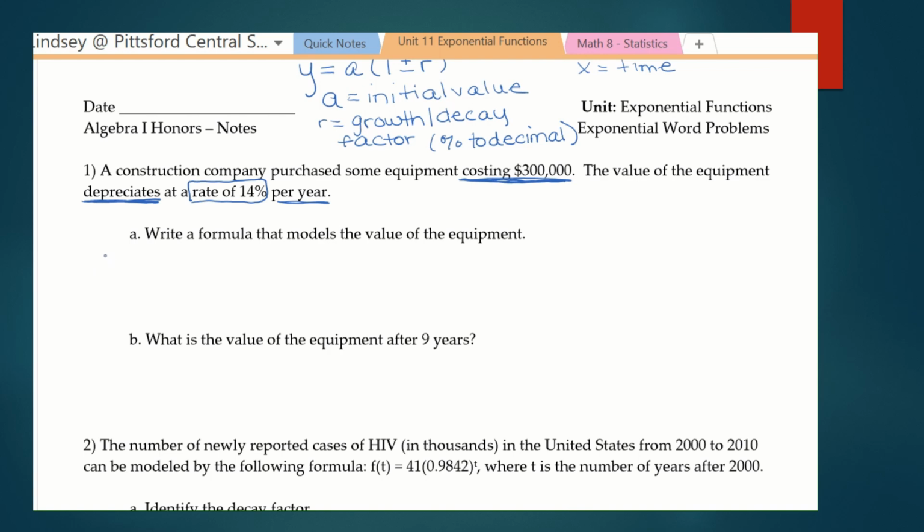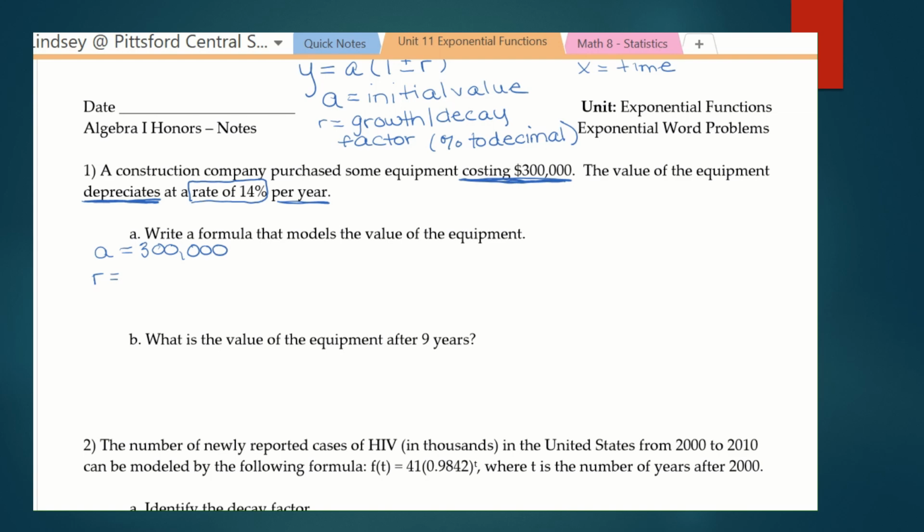All right, so for part A, where we're going to write a formula that models the value of the equipment, I'm going to just first write down all this information. So my A value, my starting value, is $300,000. My R value, in this case, my decay factor, it's 14%, but I'm going to turn that into a decimal.